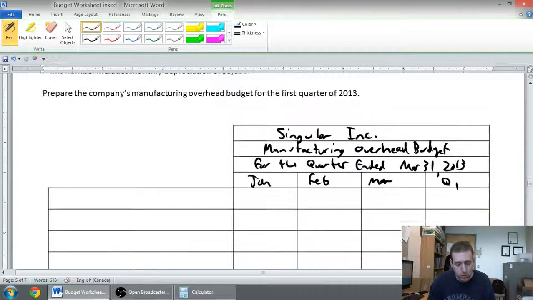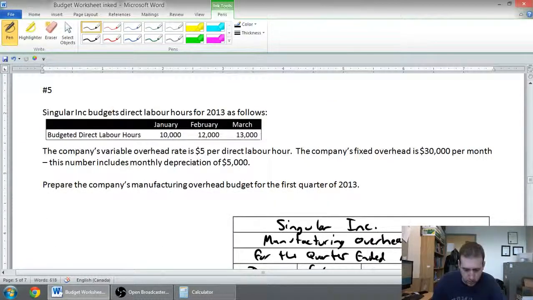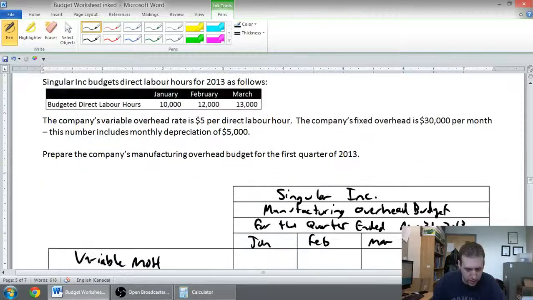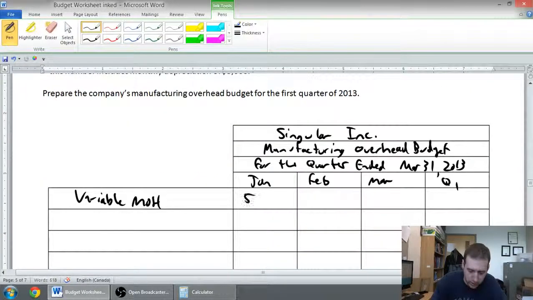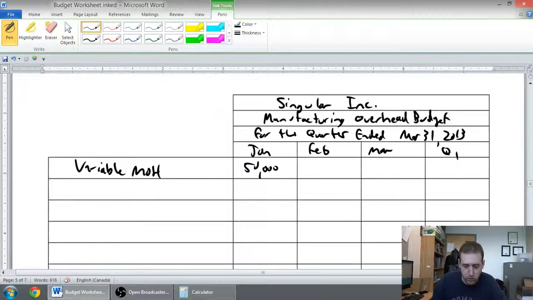Okay, so let's figure this out. Our variable overhead is $5 per hour. In January, we had 10,000 hours, so our variable overhead for January is $50,000. Again, it's just that $5 per hour rate times the 10,000 hours. Our variable overhead for February, 5 times 12, $60,000.